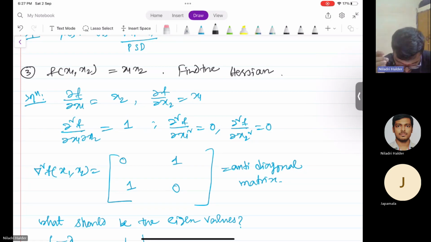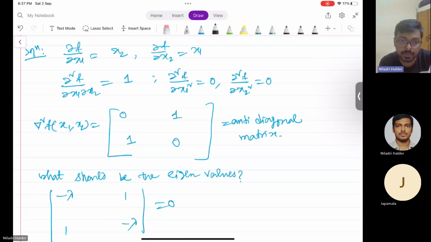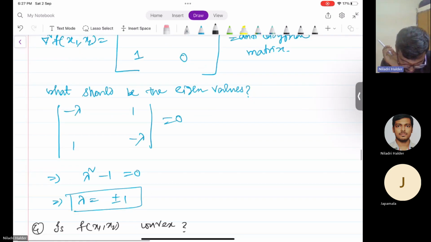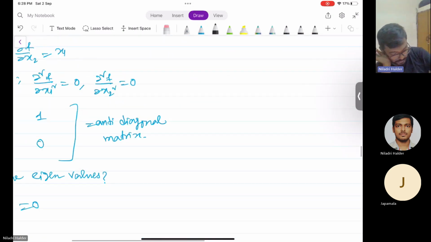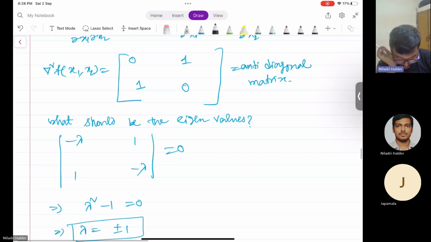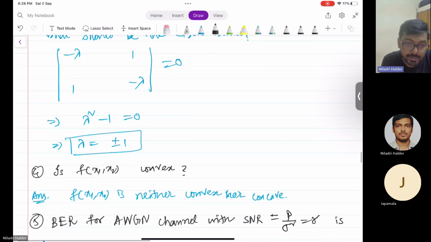We get the Hessian as an anti-diagonal matrix, and its eigenvalues are plus and minus 1. So it is not a positive semi-definite matrix. Hence it is neither convex nor concave, because one eigenvalue is positive and another is negative.